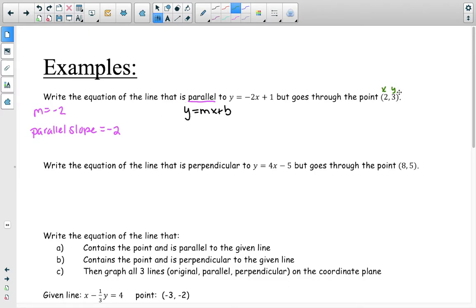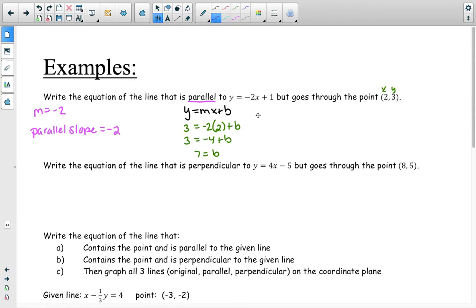Our y value is 3 equals the m value that we need to use, negative 2, times our x value, 2, plus b, because we do not know the y-intercept. So we simplify. This will be 3 equals negative 2 times 2, which is negative 4, plus b. We add the 4 to both sides and we get 7 is equal to b.